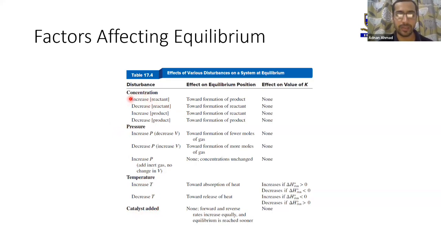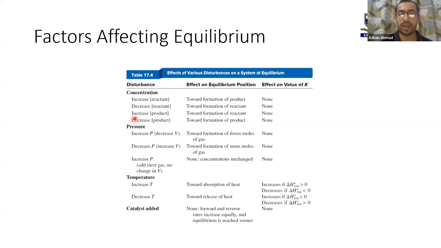So let's talk about concentration. We have the disturbance, then the effect on equilibrium position, and then the effect on the value of K. If we increase the concentration of reactant, the reaction shifts forward toward the formation of product, and it will not have any effect on the equilibrium constant K. If we decrease the reactant, the equilibrium will shift toward the formation of the reactant, and the value of K will remain unaffected.